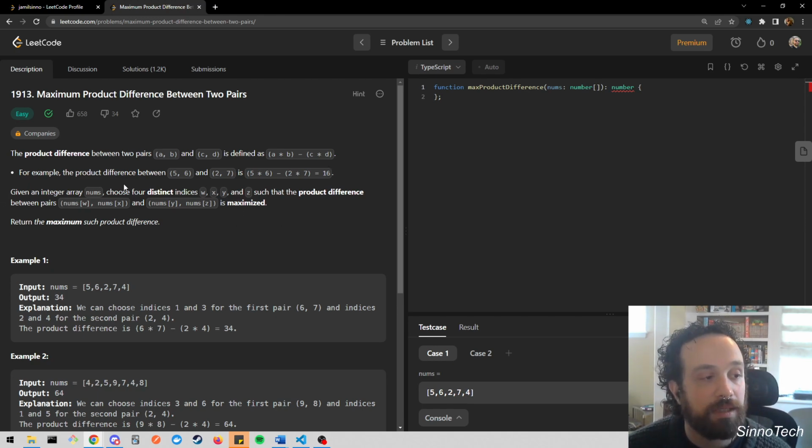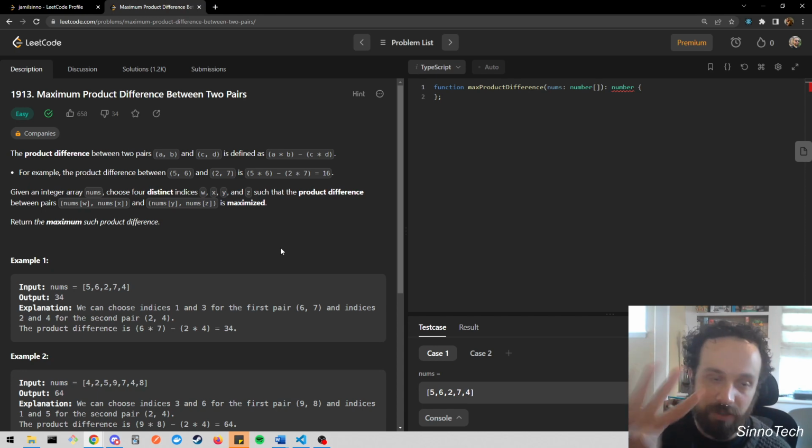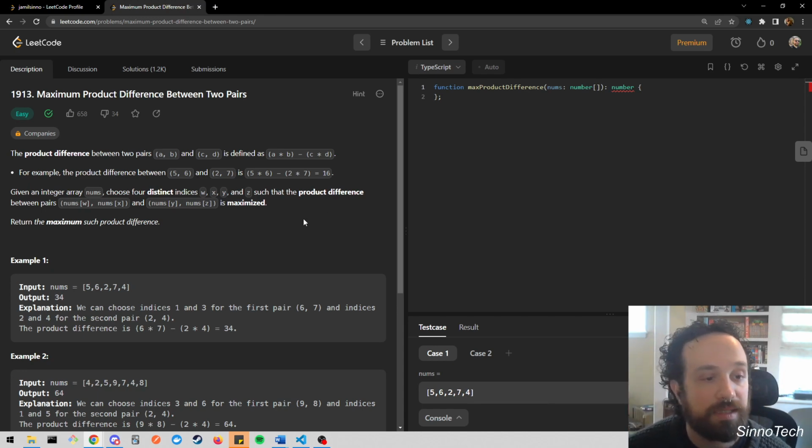So, given an integer array nums, choose 4 distinct indices, w, x, y, and z. So that means 4 different numbers, okay? Such that the product difference between pairs nums w, nums x, and nums y and nums z is maximized, okay? And return the maximum such product difference.